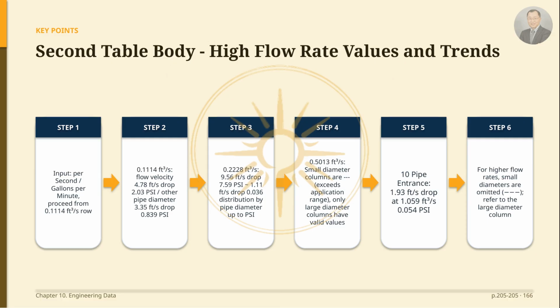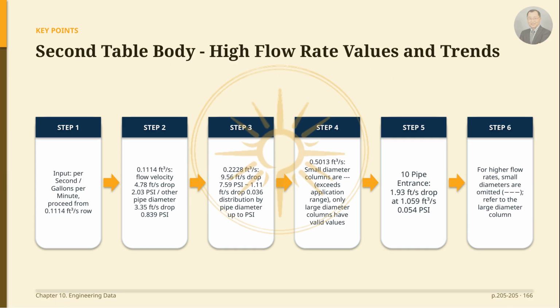Inputs are shown in cubic feet per second and gallons per minute, starting from the row for 0.1114 cubic feet per second. In this row, one pipe diameter shows a velocity of 4.78 feet per second with a pressure drop of 2.03 psi, while a larger diameter shows 3.35 feet per second with a drop of 0.839 psi.